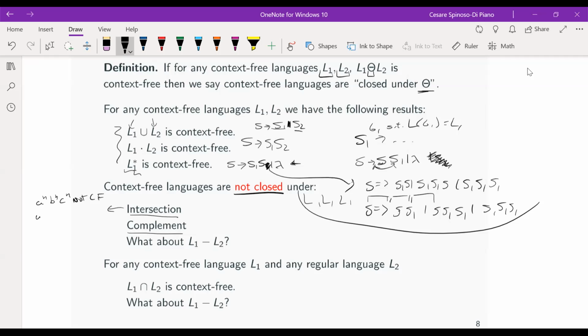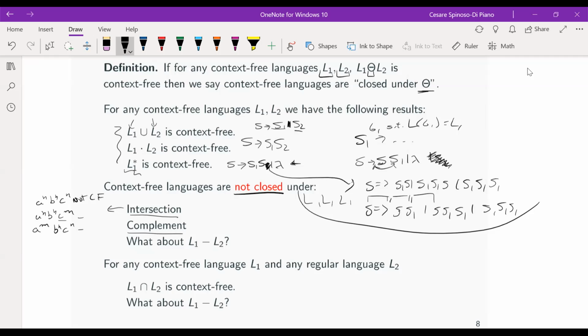This is the same example as in your slides. If you take a^n b^n c^m, that's for sure context-free, because you can do a^n b^n with an S goes to aSb grammar, and then the c's are free, they can be whatever you want. And then you can have a^m b^n c^n, which is also context-free.